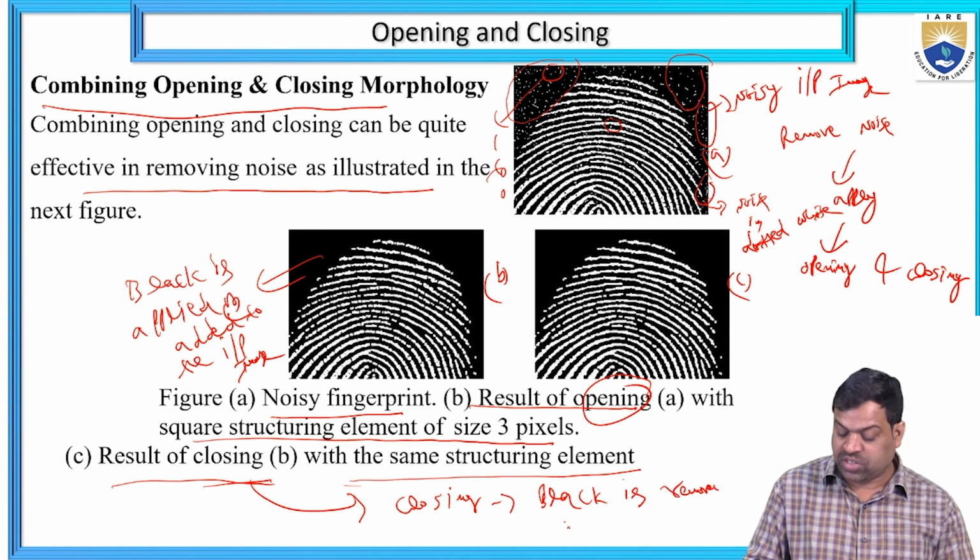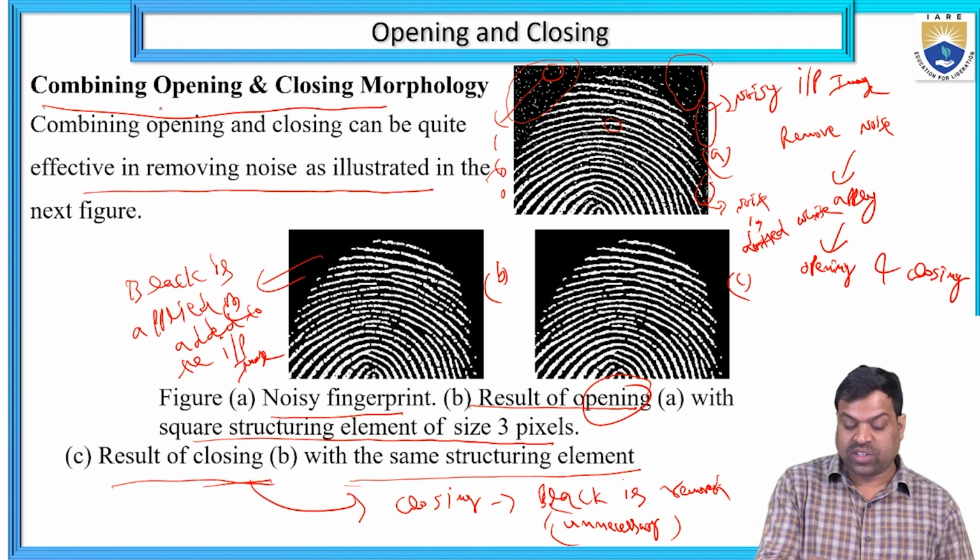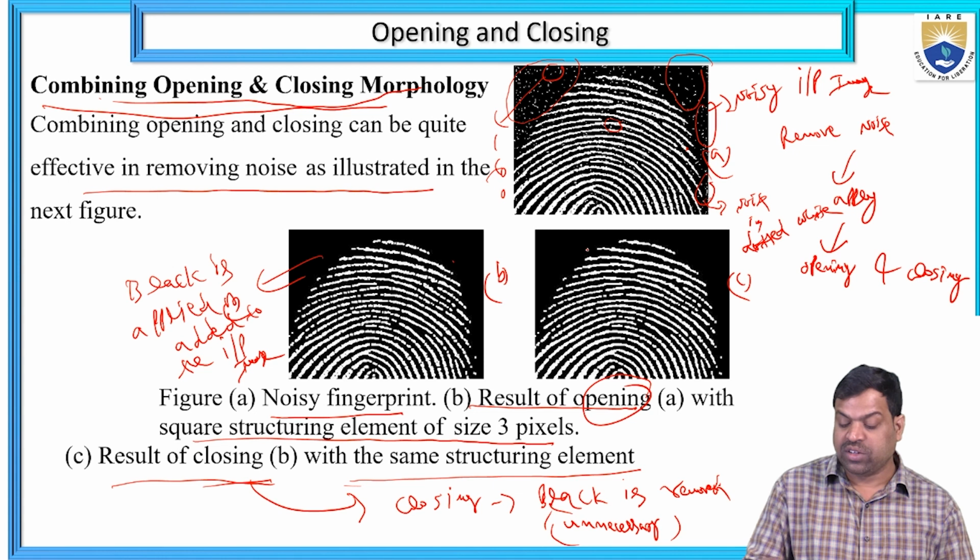What is this black? Unnecessary. So unnecessary black is removed. So it is a combination of opening and closing. It is an input, then opening and closing.